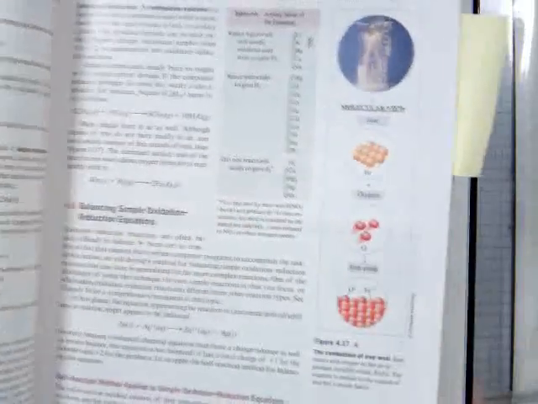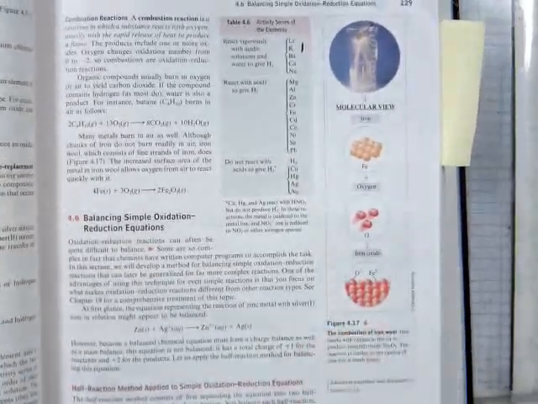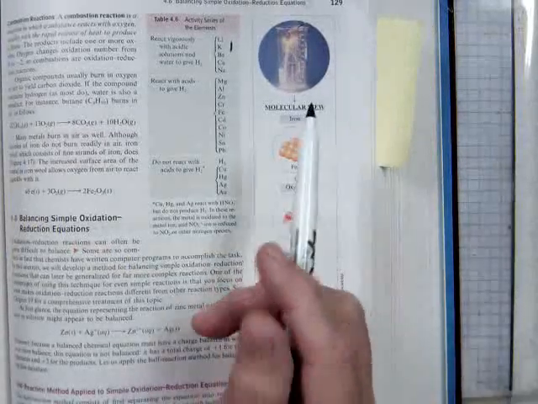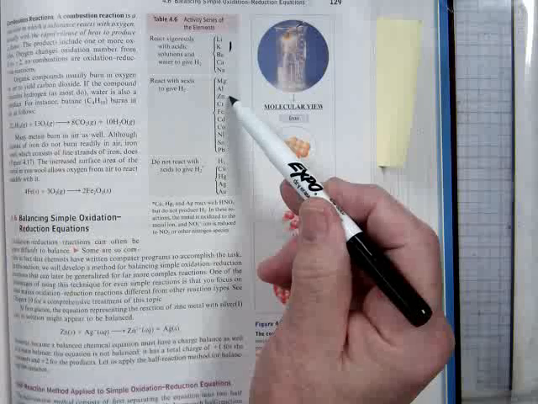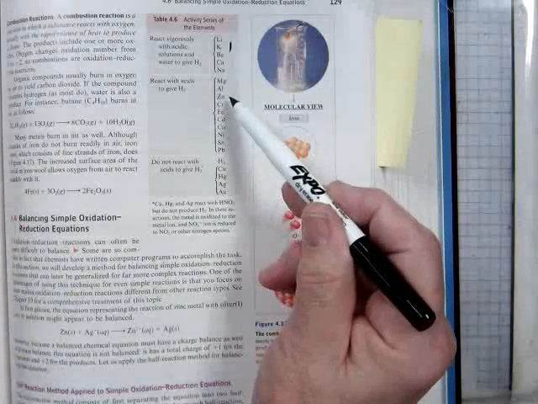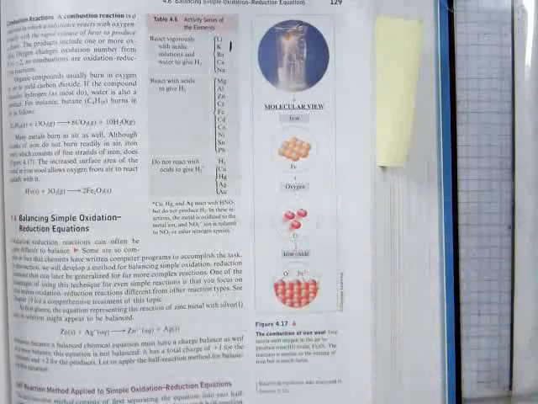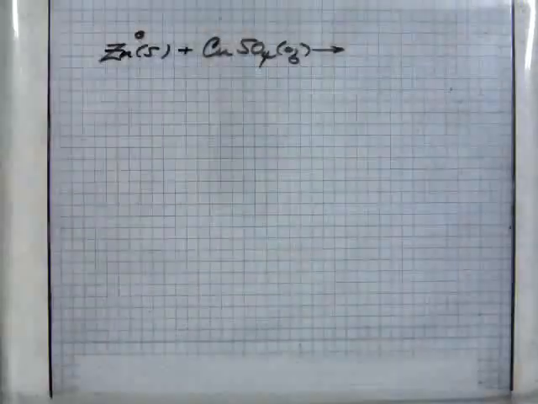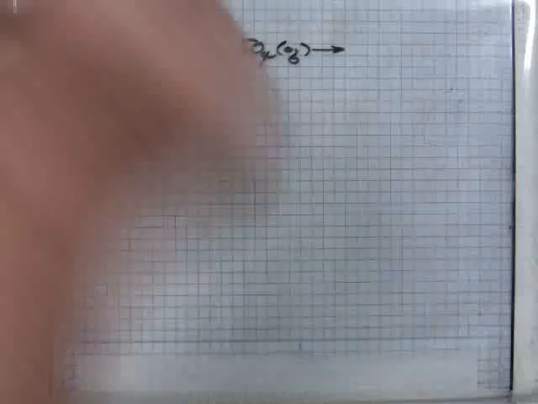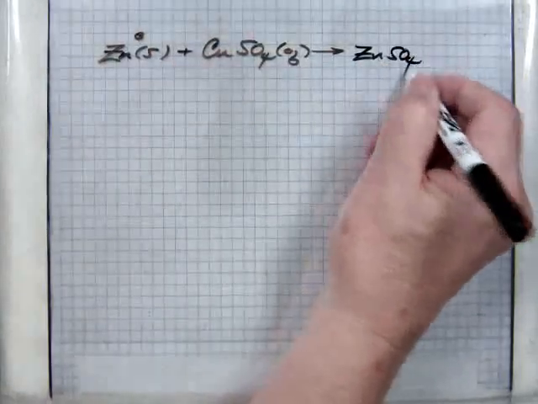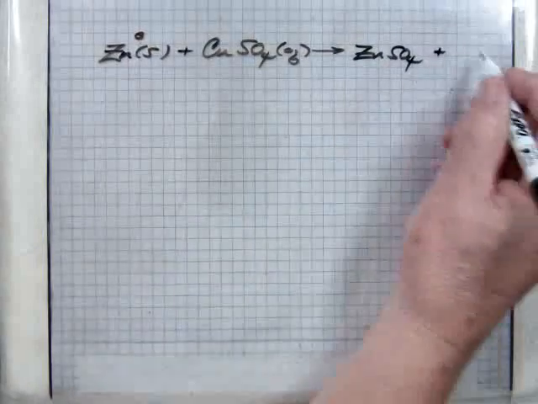So we want to look and be sure that zinc is above copper in the activity series. So we find zinc right here in this series, and way below it is copper. So our reaction will proceed to give zinc sulfate and copper.